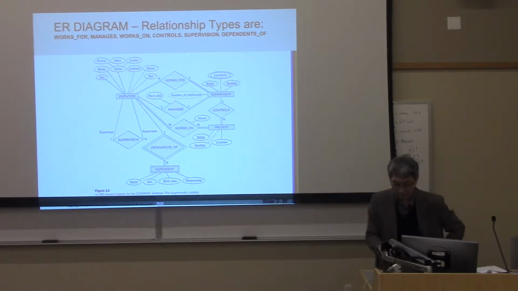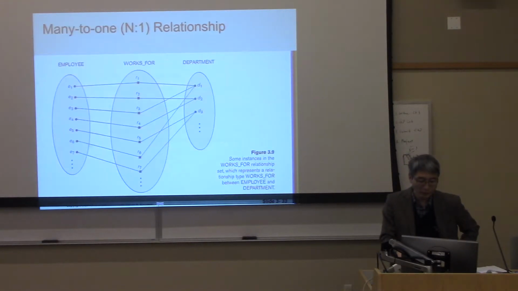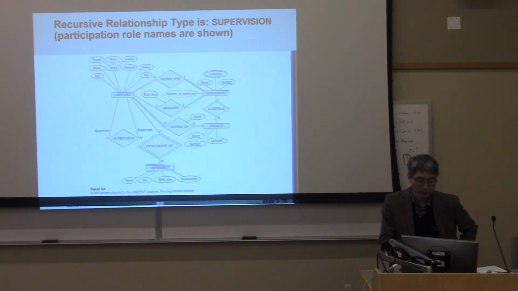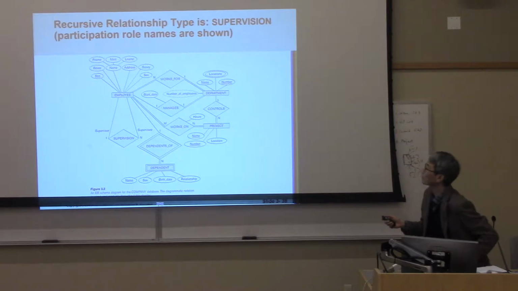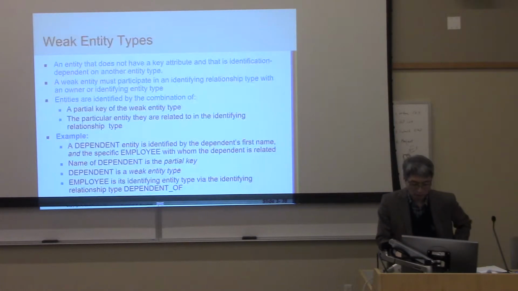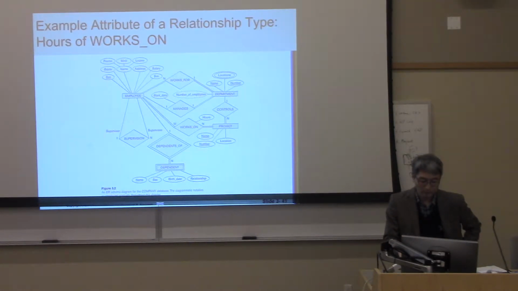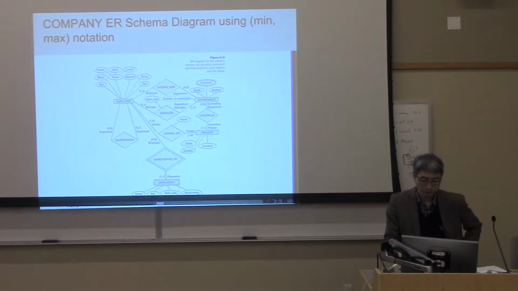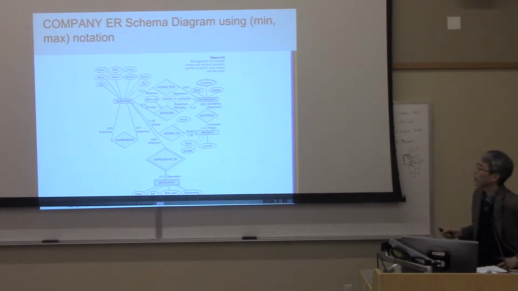Then we can use a different notation, like this one. Where is it? Here. So, not this. This is another. I went back. So this one. We can use the min-max notation. The double rectangle and double diamond are called the weak entity, and the identifying relationship.